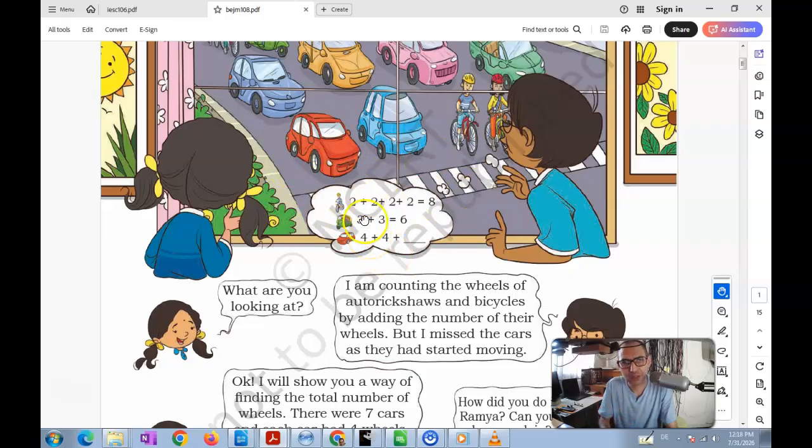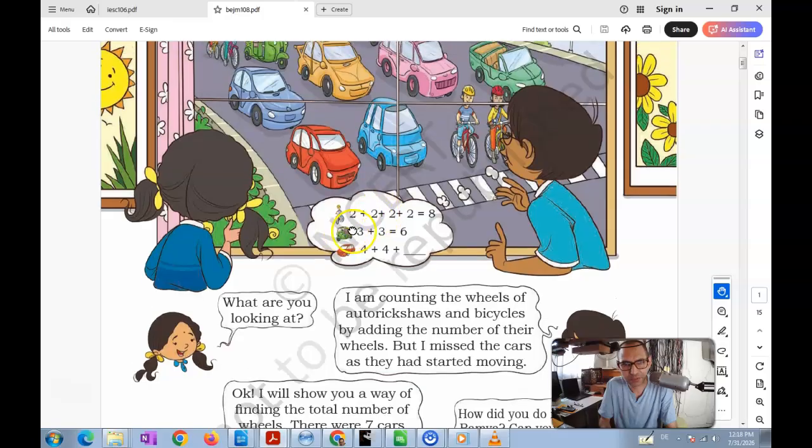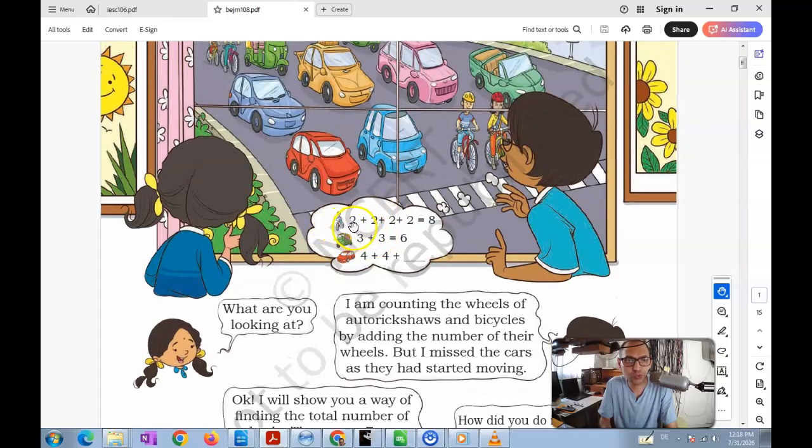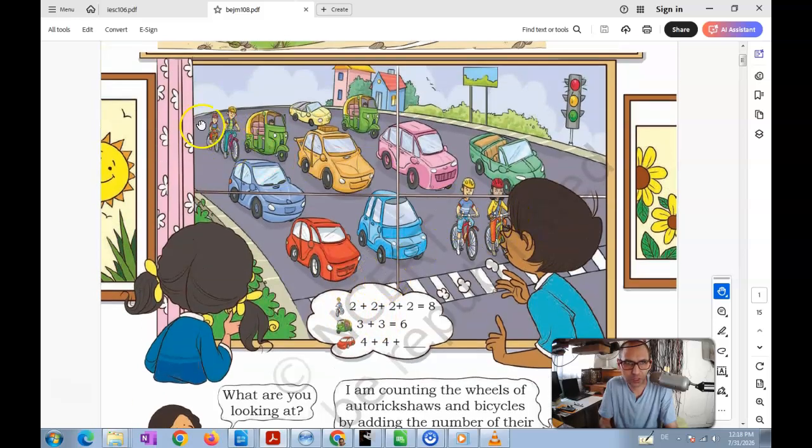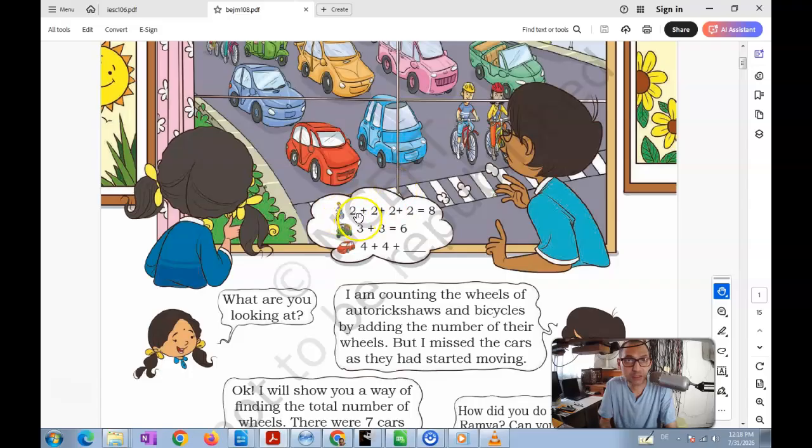For example, in a bicycle there are two wheels. So if there are 1, 2, 3, and 4 bicycles, then the total number of wheels would be 2 plus 2 plus 2 plus 2, right?